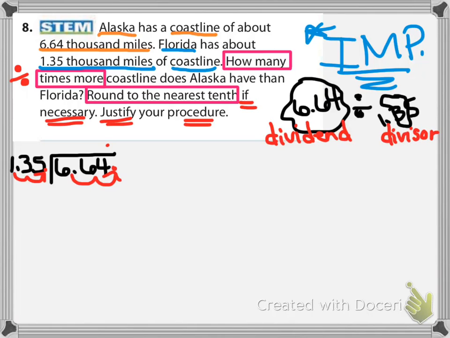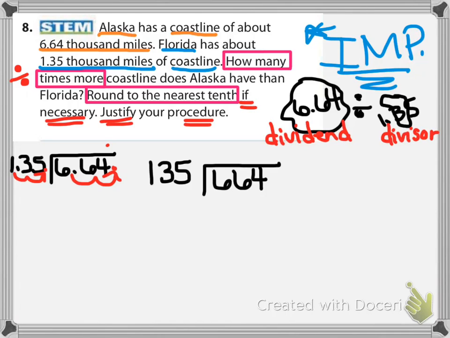Now, I always tell you that you must rewrite the problem without all of the arrows. I want to see the arrows, I want to see that you're moving it correctly, because you don't want to do that in your head. But then I want you to take that extra step of cleaning it up and showing that it is whole numbers. Now it's 135 and 664.